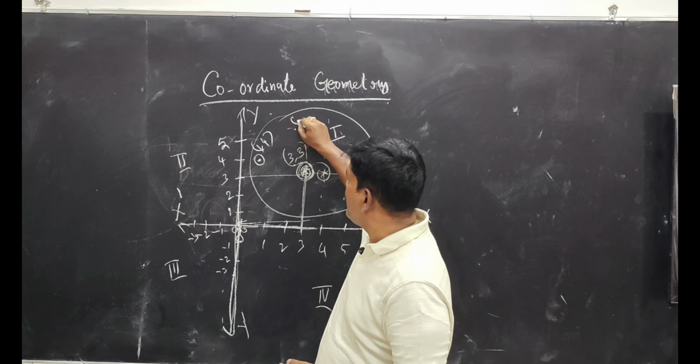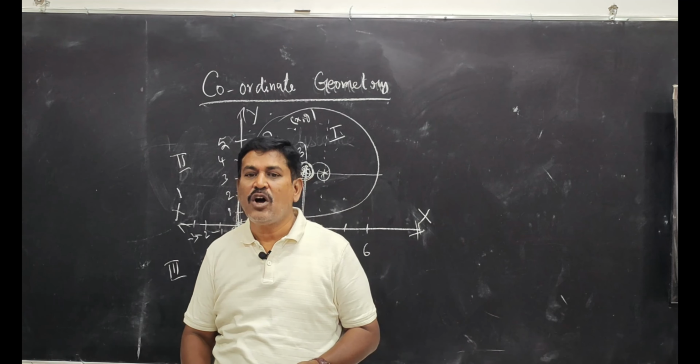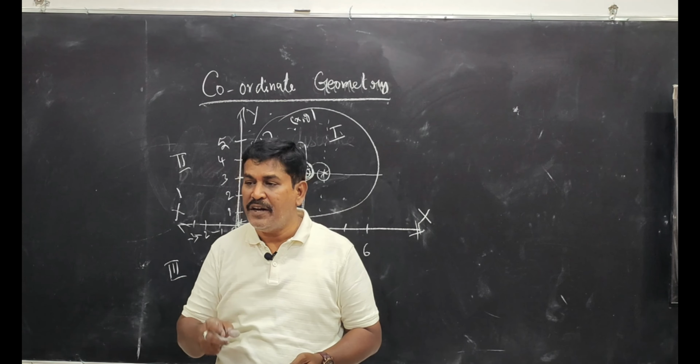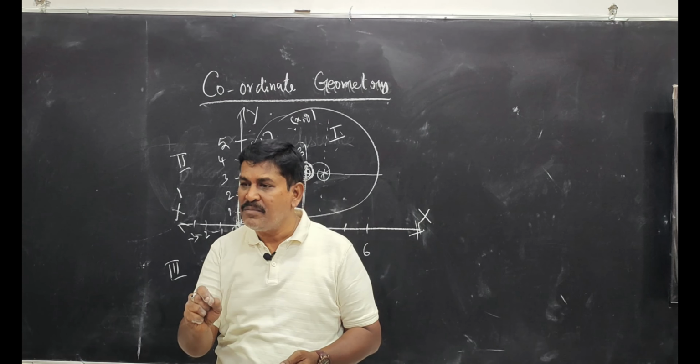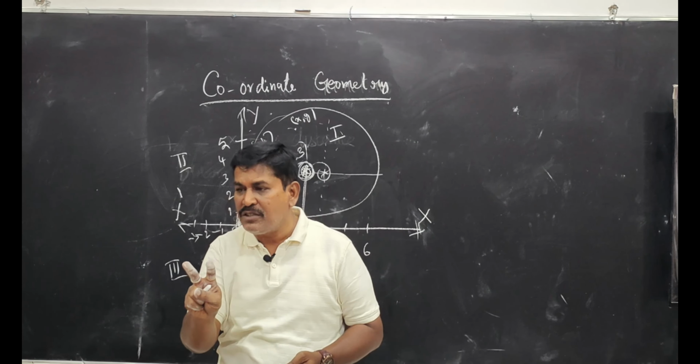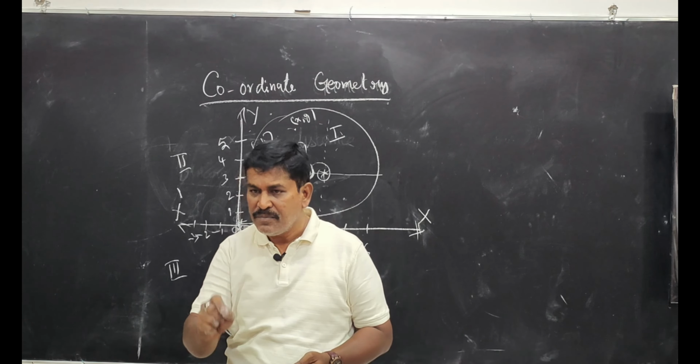In general it is called x comma y. Am I right? Why is it called a coordinate? Any point in the coordinate system has 2 measurements. Never ever forget that.